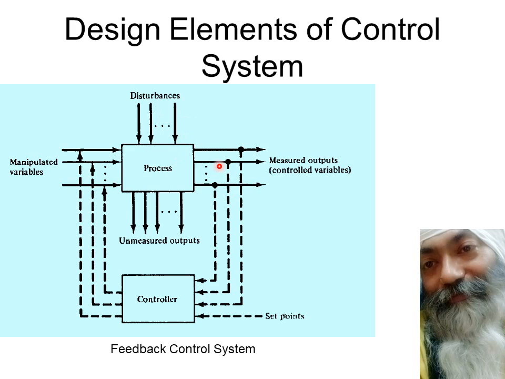These give some outputs, and these outputs are measurable outputs, and we take a feedback from the measurable outputs and give it to the manipulated variables. The unmeasured outputs cannot be used as a feedback. Feedback is always in terms of the measured outputs. So this is a generalized MIMO system in a kind of feedback control system. We will take one practical example in the next slide.